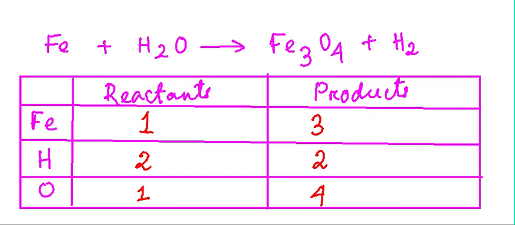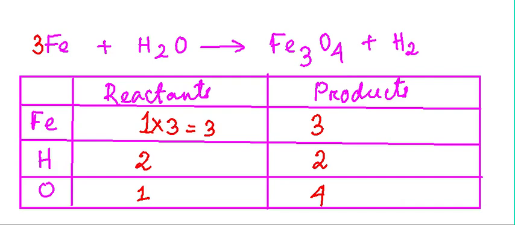Now we have to see how we can balance it. First we'll start with iron. On the reactant side we have 1 iron, so we should multiply 3 with this iron so that we get 3 iron over here. For hydrogen it is 2 and 2 already, so we are not going to touch it now.